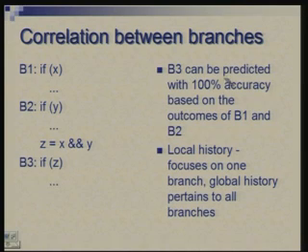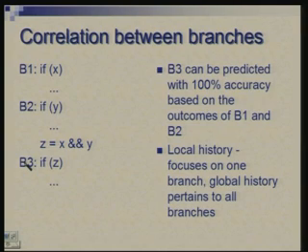So, B3 can be predicted with 100% accuracy on the basis of the outcomes of B1 and B2. This is a very simple case, but in general it points out that there could be some correlation between various branches.